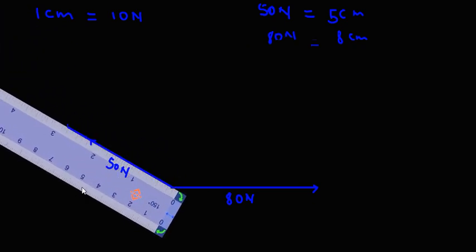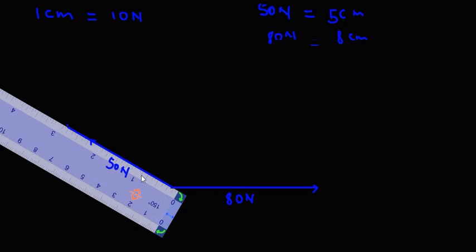What you want to do is put your ruler on top of this line. If I want to draw a line parallel to F1, the 50 Newton, on this side, you must put your ruler on top of the line that you want to draw.